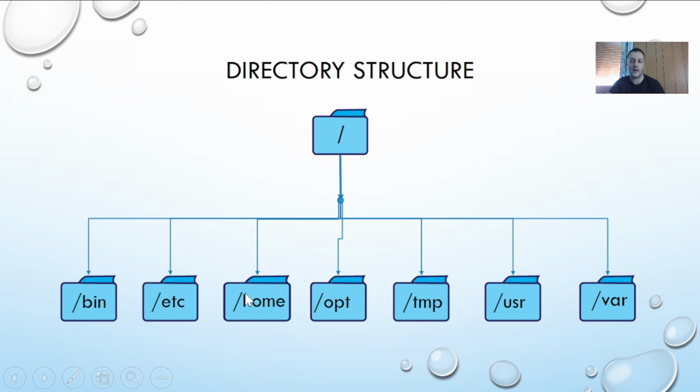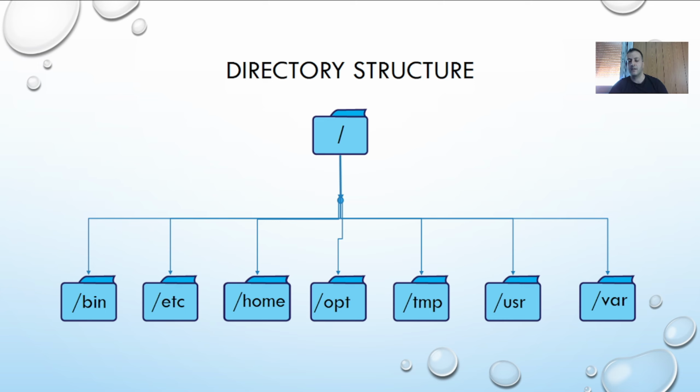/home is the home directory. Just like in Windows you have the desktop, the pictures folder, and the documents folder, here it's somewhat similar. Home is the default current directory in a Linux system. /opt, which stands for optional, carries all the third-party software.